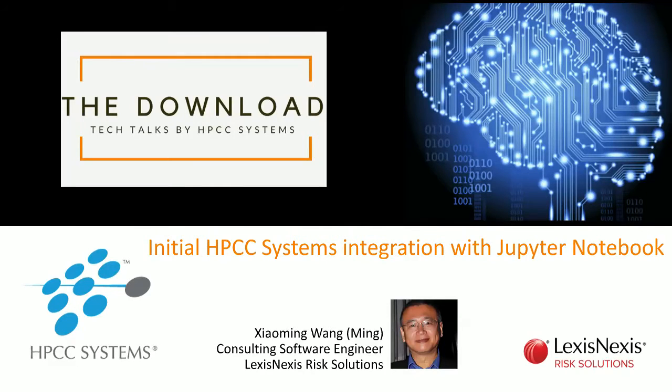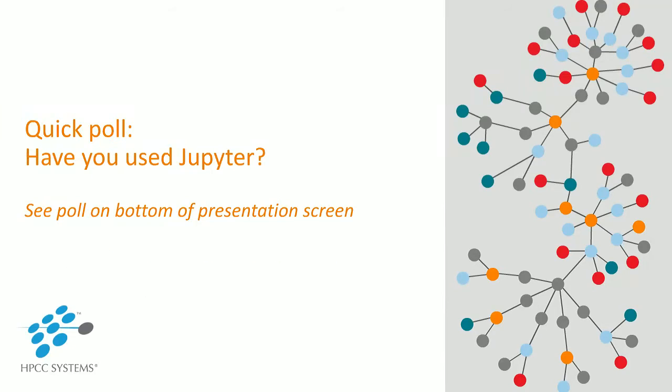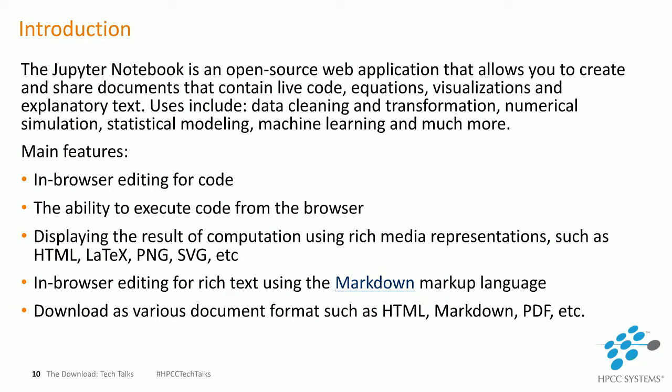Okay, go to the first page. So I will start by introducing what the Jupyter Notebook is. The Jupyter Notebook is an open source web application that allows you to create and share documents that contain live data, equations, visualizations, and explanatory text. The uses include data cleaning, transformation, numerical simulation, statistical modeling, machine learning, and much more.